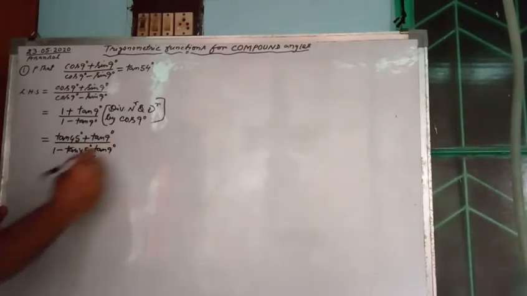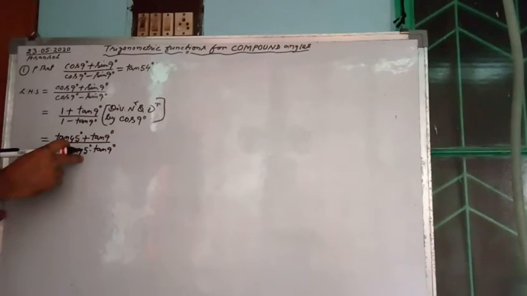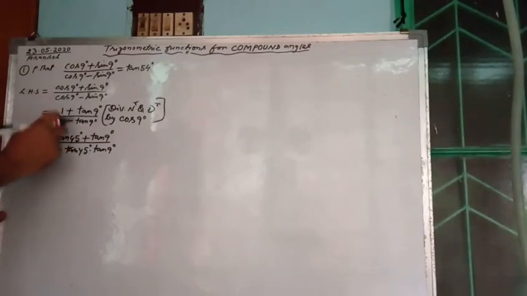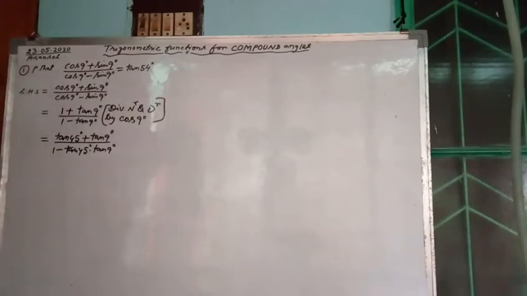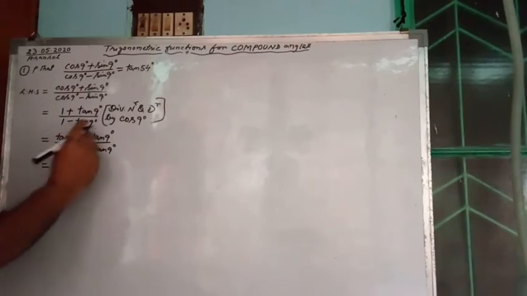We can write this, because the value of tan 45 degree is 1, so 1 into tan 9 remains, 1 minus tan 9 remains, tan 45 equal to 1, so it remains unchanged, we only changed the form.